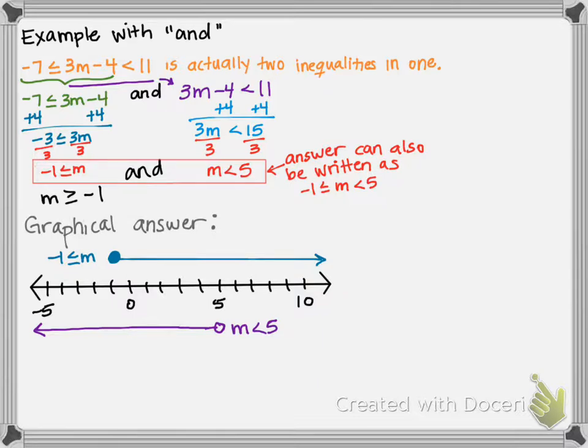So our final graphical answer actually has to combine both of these two together. So anywhere that you see that they would intersect, which would be right around this box right here. And as a matter of fact, I should draw it right on top. So wherever they overlap, that's actually your answer. They get combined into the middle.